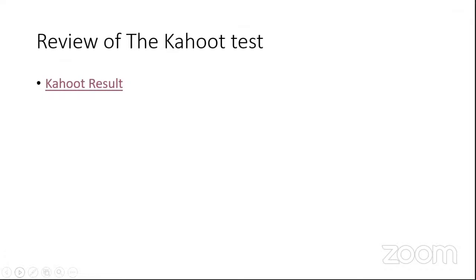So we quickly need to review the Kahoot results that we did. Let me take us there. We're going to see some of the results of the Kahoot. I think I need to stop sharing here.